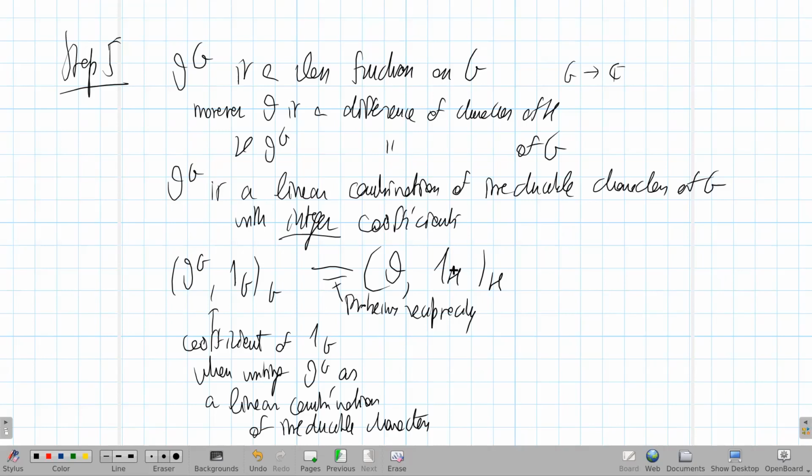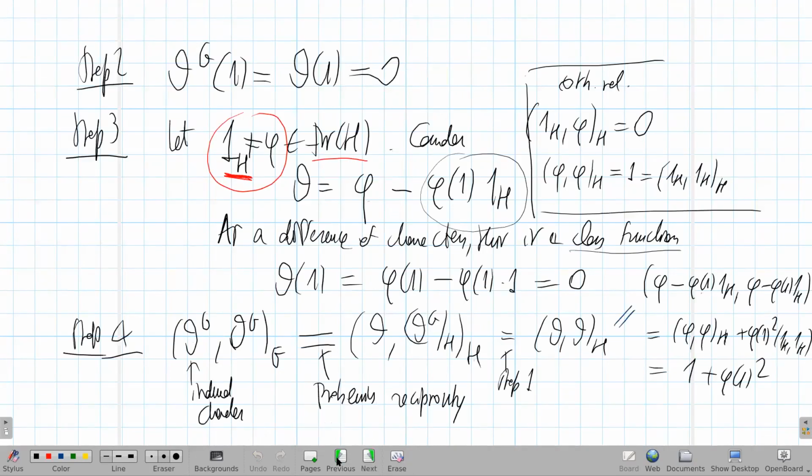The restriction is just, this is the trivial character, which has value 1 on every element of G. And of course, it restricts to the trivial character of H, simply because the trivial character of G restricted to H is nothing else than the trivial character of H. Now you simply check what theta is.